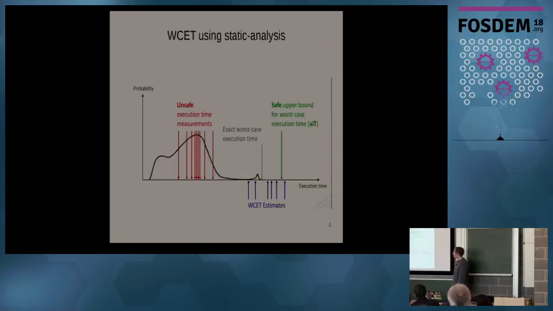So I would like to discuss this again in the form of a graph. Say you have on the y-axis the probability of a path occurring with certain inputs, and on the x-axis the execution time. It might be that on the left here, the red arrows, you do a lot of measurements and hit most paths, but you cannot test every path, every possible input.